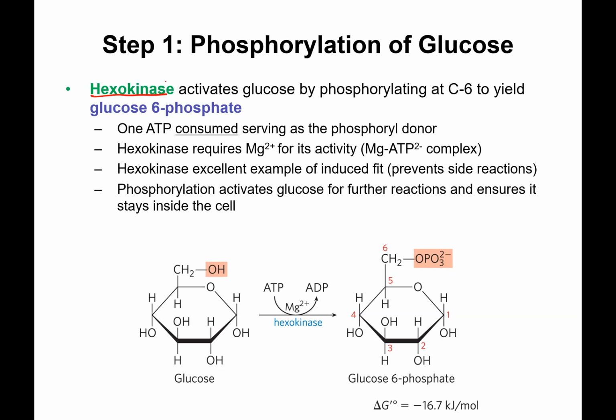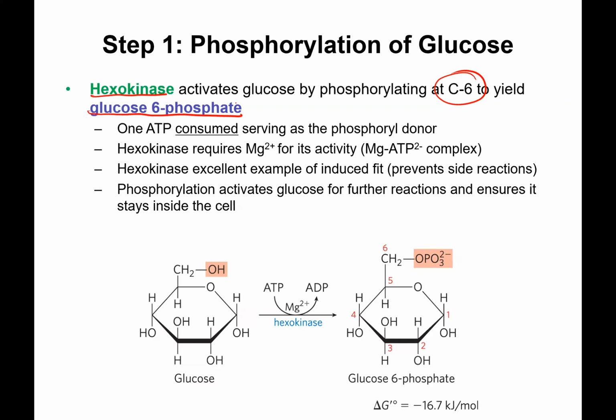So it's going to phosphorylate glucose at carbon 6 to yield glucose 6-phosphate. In my heavier design moments when I'm doing PowerPoint slides, I try to color code things to help them make sense for you. So I'm putting the enzymes in green and the product in purple.